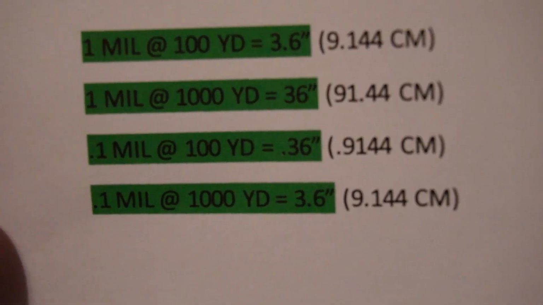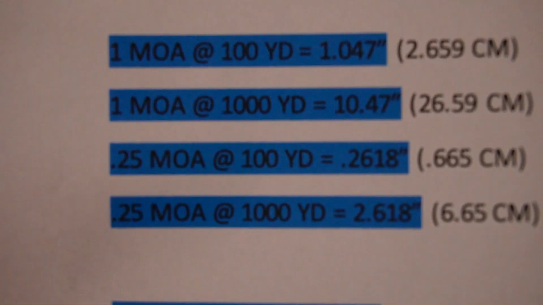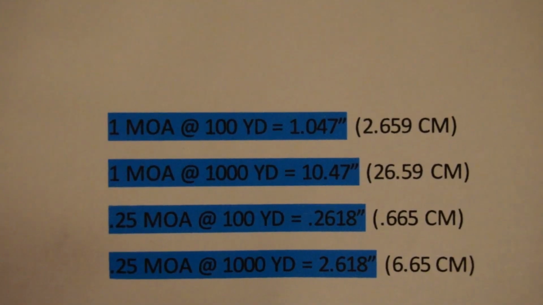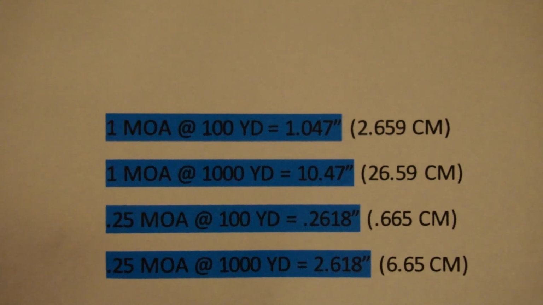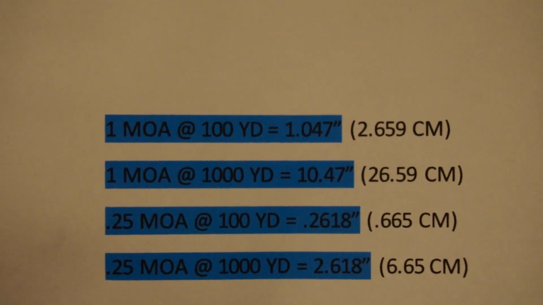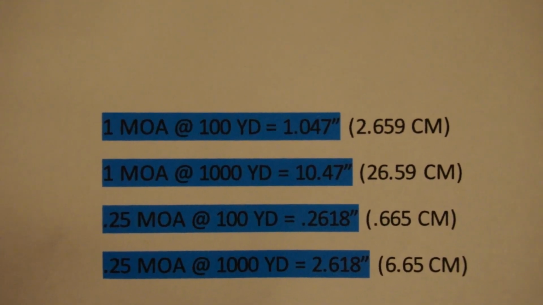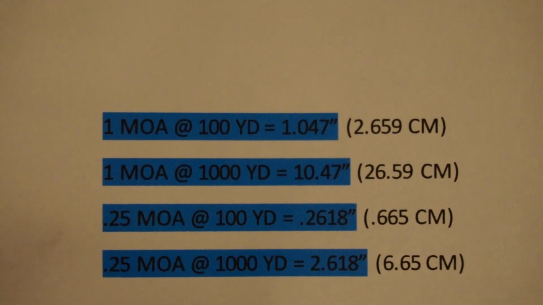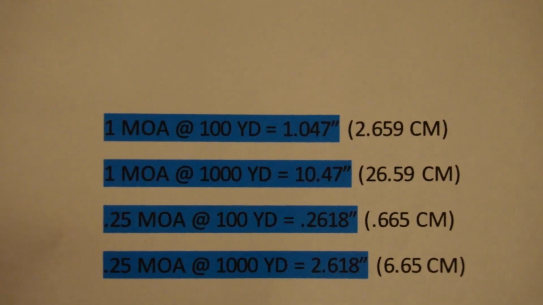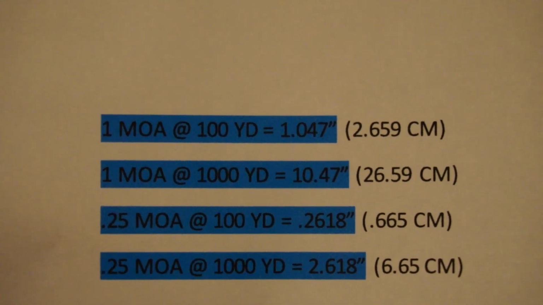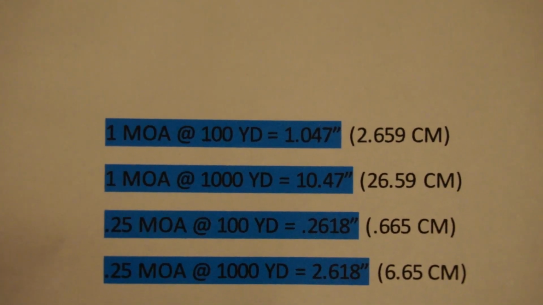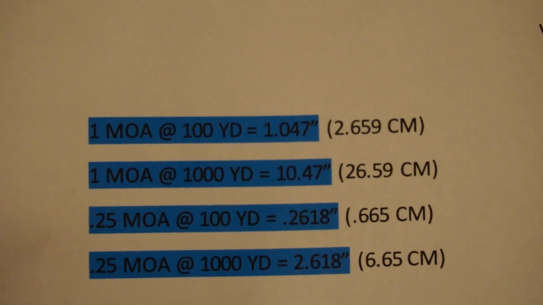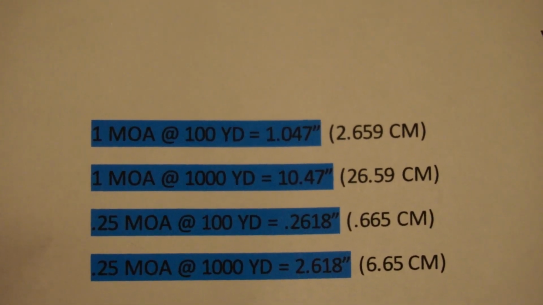But then we get down here to minutes of angle. We can always use that about 1 inch deal, but the whole quarter minute of angle equals a quarter inch, you can clearly tell that it's significantly off. It's 0.2618, or you could round that to 0.262. It is not 0.25. So for that reason, I don't really like it all that much.